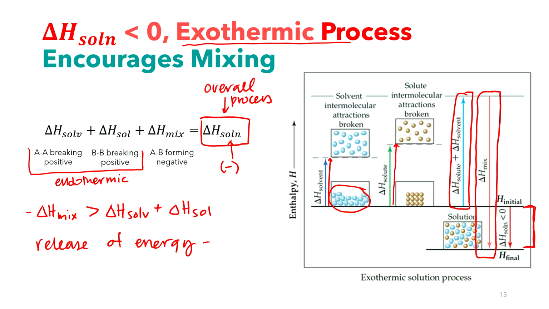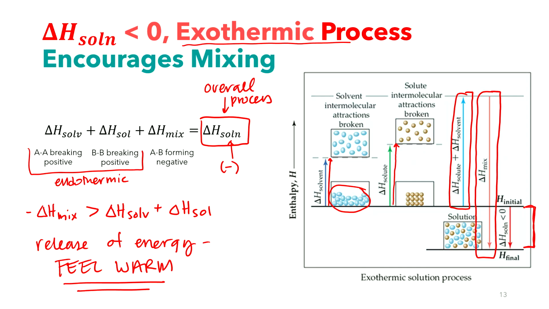So if I took A and B and it was an exothermic mixing process, that flask in my hand would feel warm. Remember, I can't destroy energy. It's got to go somewhere, and it's going to increase the temperature of my flask, of those molecules. So this will feel warm. And that is characteristic of an exothermic process.